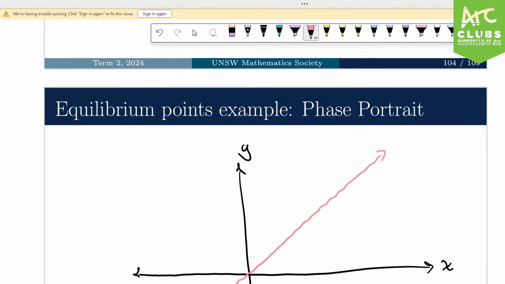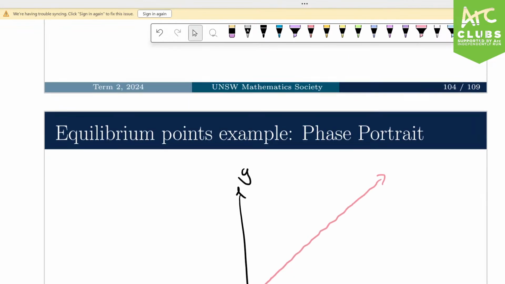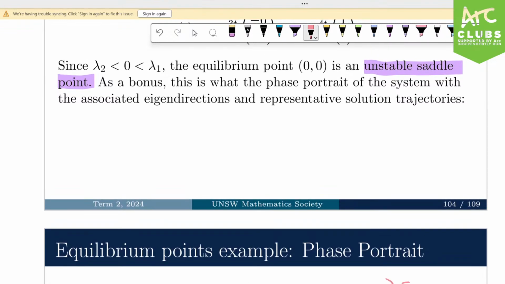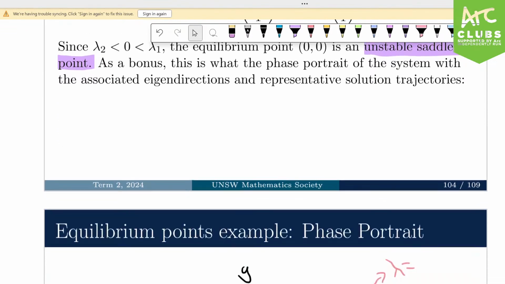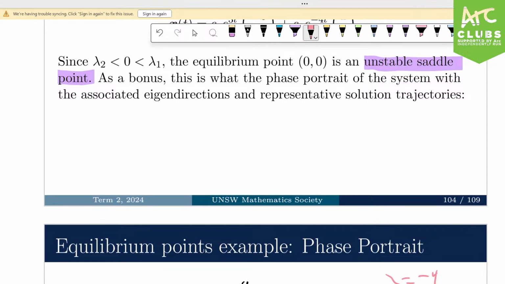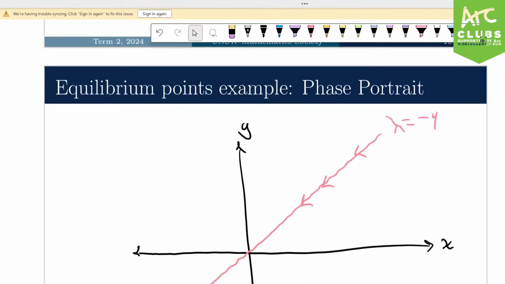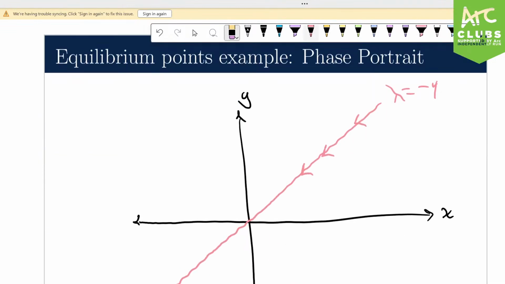It's going a bit squiggly, I don't know why it does that. But this is our first eigendirection, and the associated eigenvalue is lambda equals negative 4. So it's negative, it's pulling inwards. I might get rid of the arrows on the ends. So this is pulling inwards because the eigenvalue is negative.